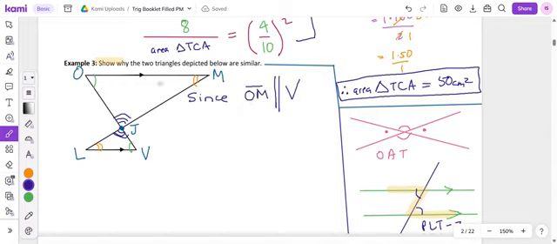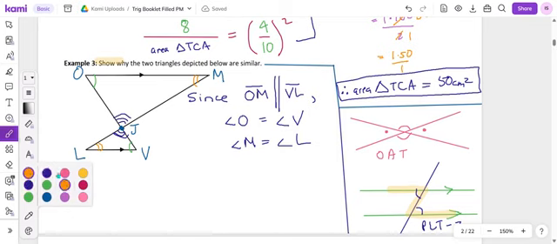V, because those are the corresponding angles. So VL, and I put a line on top. There's all these ways to show that something is a line. All right, but I'm saying the line between V and L. So since they are parallel, I can say that angle O equals to angle V. I can say that angle M equals to angle L.